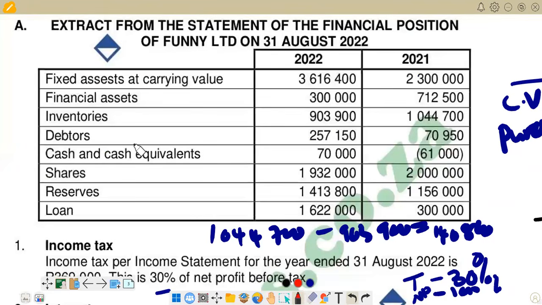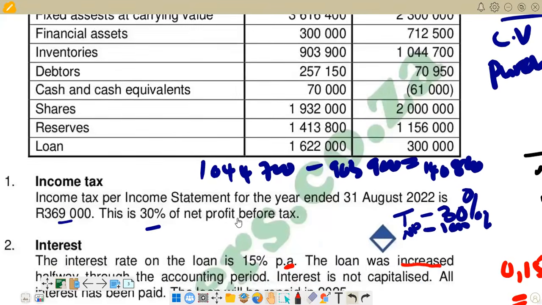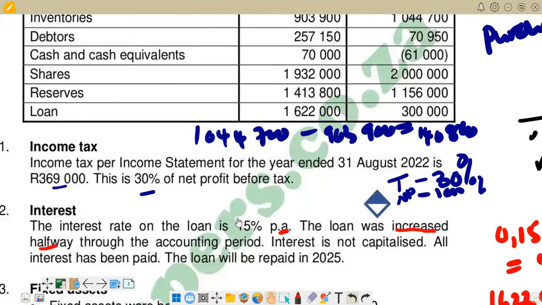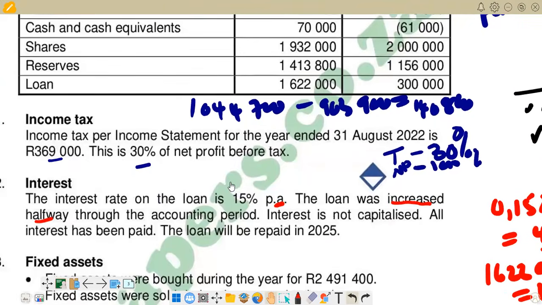From inventory, we have got debtors. But debtors, we are seeing there it's from 7950 to 257,150. But we've got a note beneath that explaining the components of debtors.